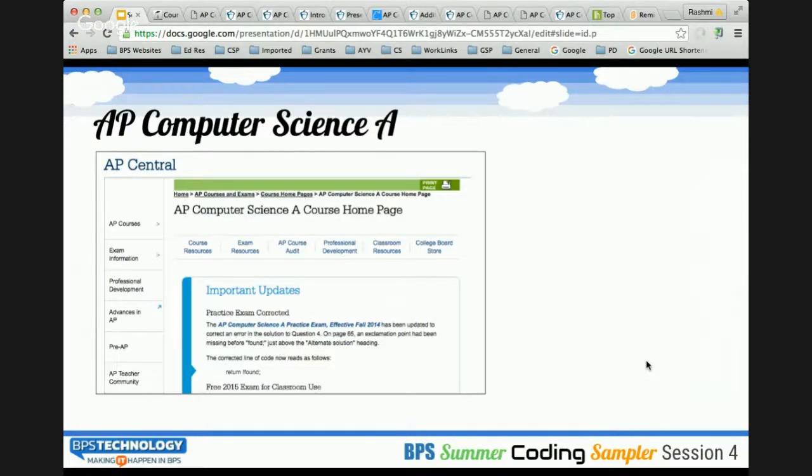I'm not going to go too much into AP Computer Science A, because it is a course that has been around, but you have to go through 2 pathway courses before you get to Computer Science A.